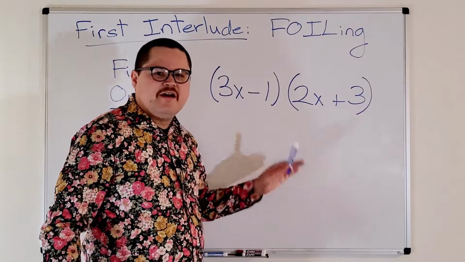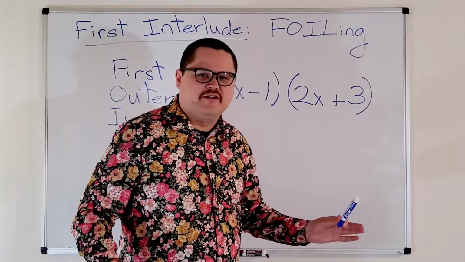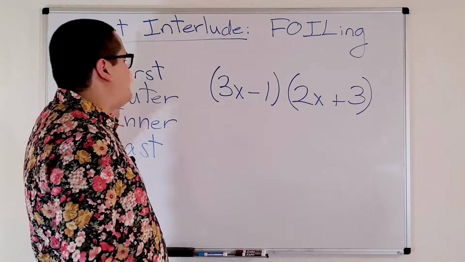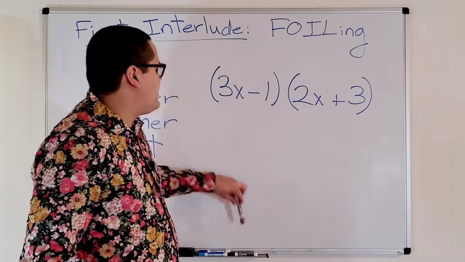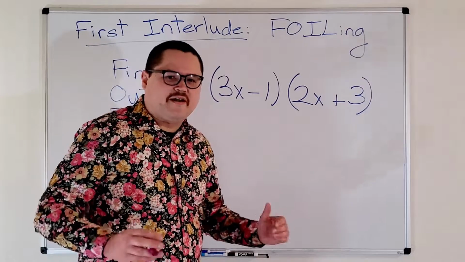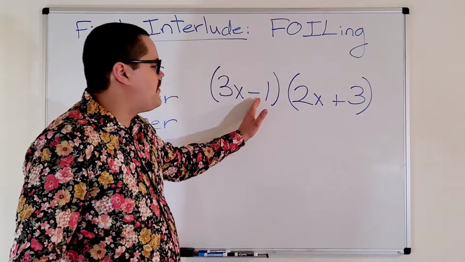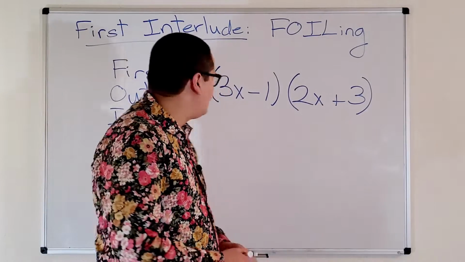Anyway, to simplify or expand this expression, we use this acronym FOIL. The idea is that to multiply this out, we need to take the product of every term in the first binomial times every term in the second.